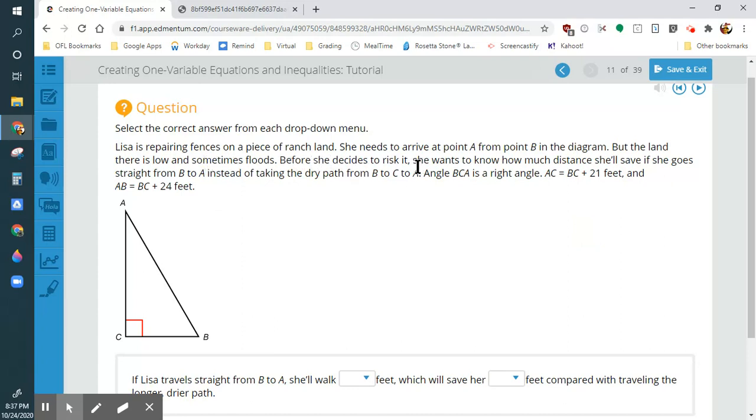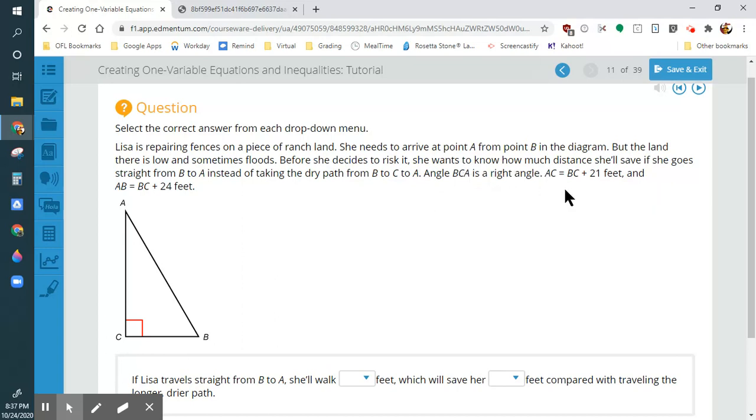Before she decides to risk it, she wants to know how much distance she'll have if she goes straight from B to A, instead of taking the path from B to C to then A.